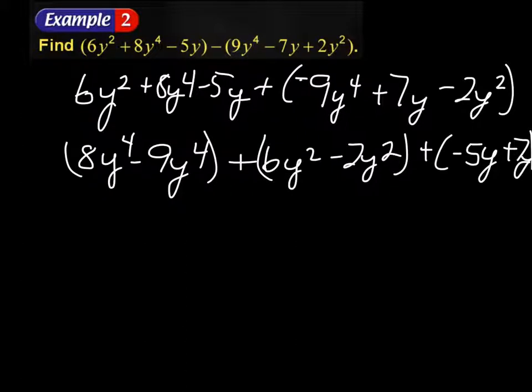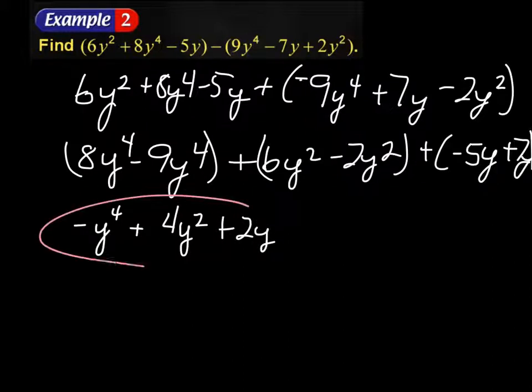So then I can just add my coefficients. 8 minus 9 is negative 1, which we don't normally write the 1 because 1 times anything is itself. Plus 6 minus 2 is 4y squared, and negative 5 plus 7 is 2y. And that's my answer. And that is a horizontal method of doing the problem.